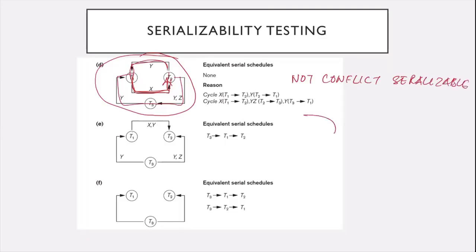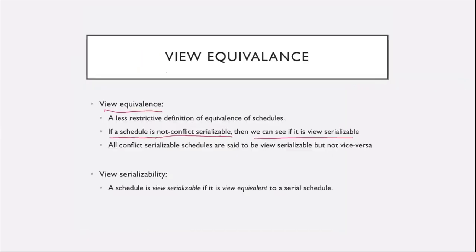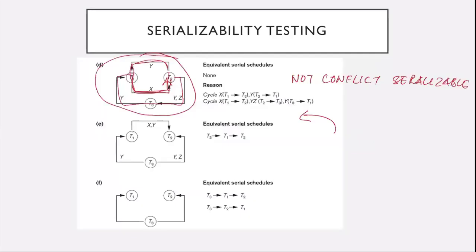So next, what we can do is check if this schedule is view serializable. All conflict serializable schedules are said to be view serializable, because we know that these are conflict serializable. If they are conflict serializable, they are already view serializable, but not vice versa. So if something is not conflict serializable, then we check if it is view serializable.